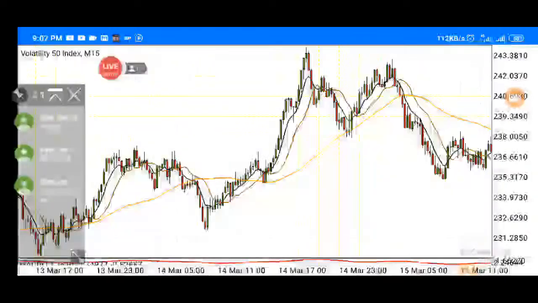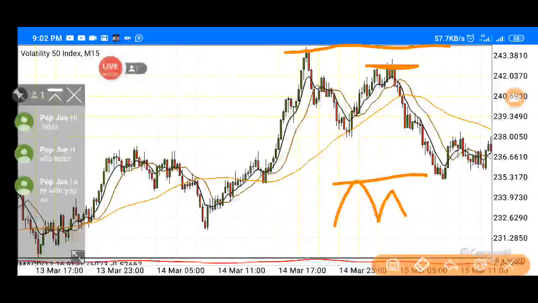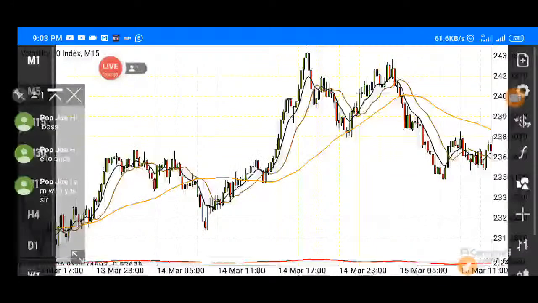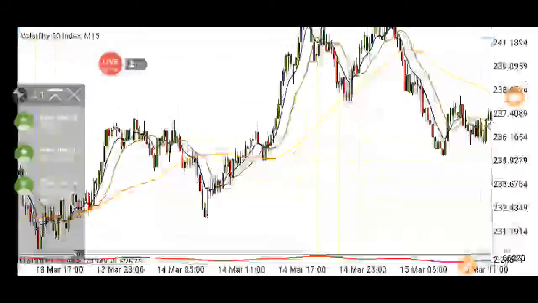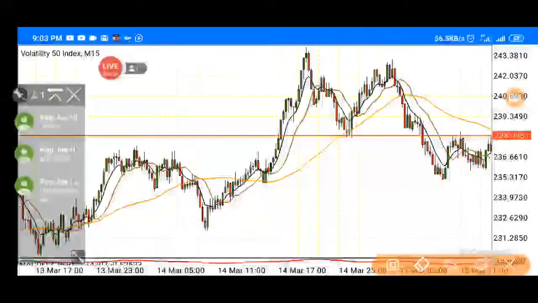Let's check for double bottom. See another double top here. You can see that this is the second type which I drew for you the other time. The second top was not touching the first top, not at the level of the first top. And you can see it broke out the neckline here.